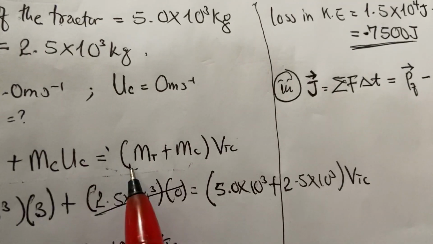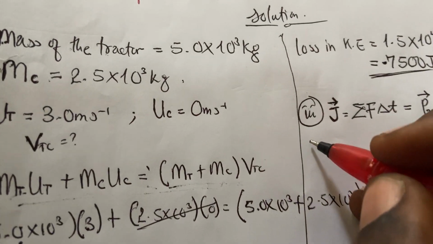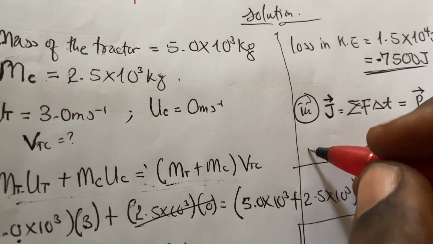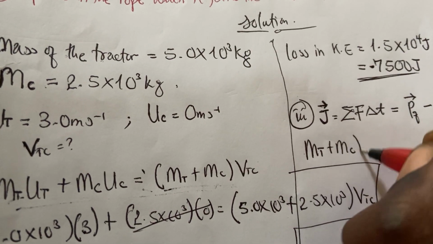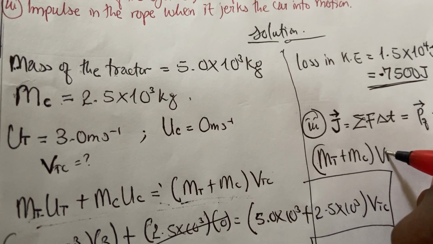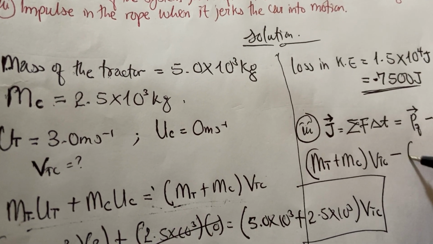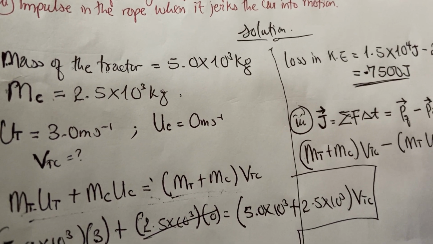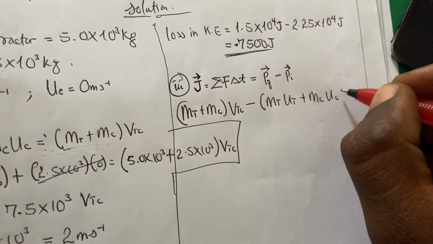The final momentum is this, the initial momentum is this. So I'm going to write the formula: MT plus MC times VTC, minus MT UT plus MC UC.